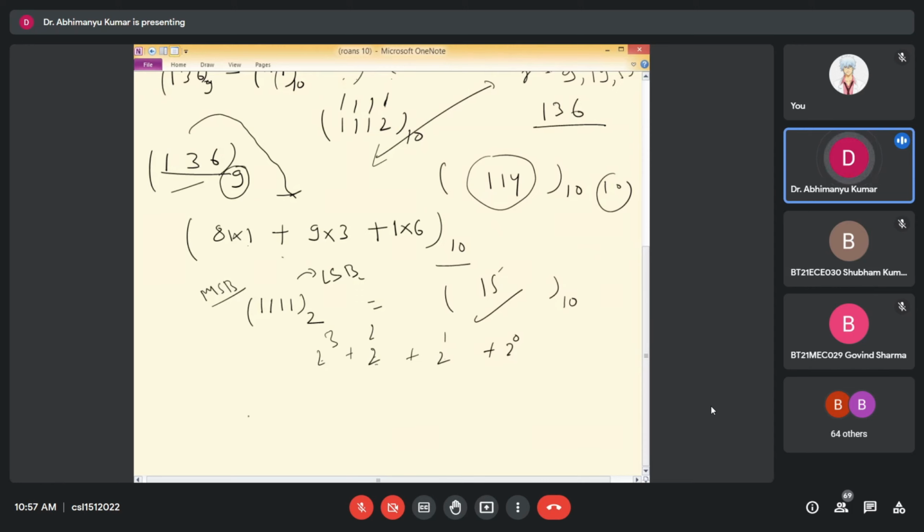Now, I'm claiming that suppose this is 0, 1, 0, 1, 0, 1, 1. Right now it is expressed in radix 2. Then what is the answer in radix 10? 41. 41 or something else?